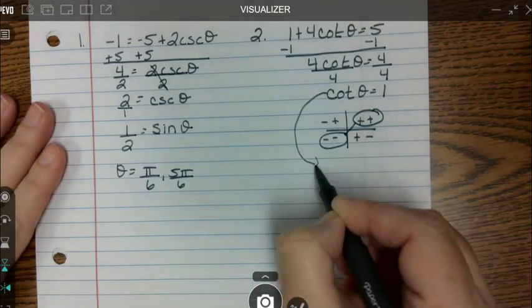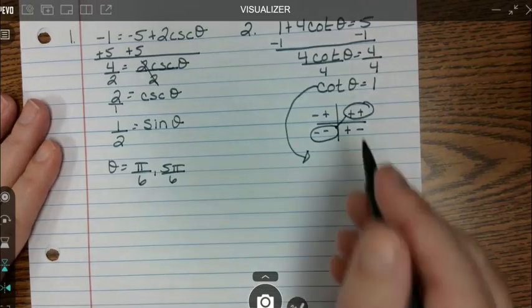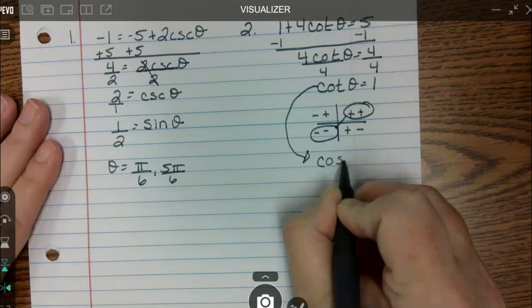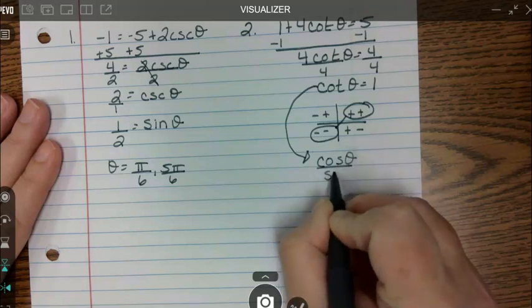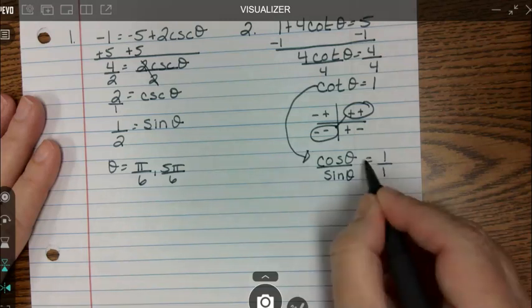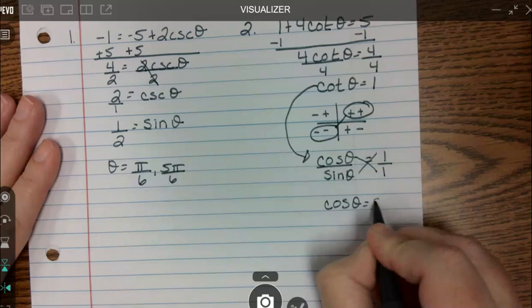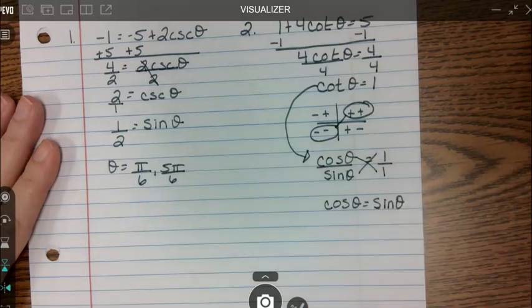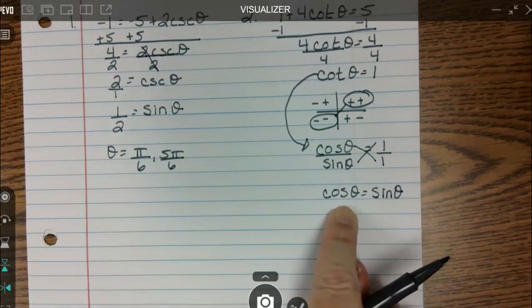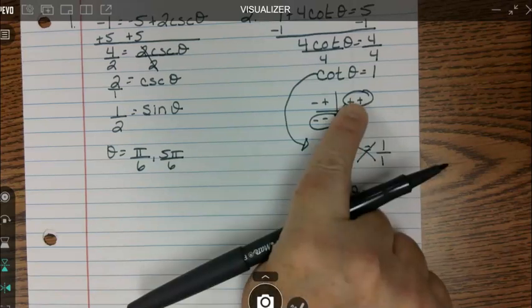So I'm going to put cotangent in terms of sine and cosine. So this will be cosine over sine equals 1 over 1. And here is where we're going to cross multiply. Okay, and this is saying when is sine and cosine exactly the same in quadrant 1.